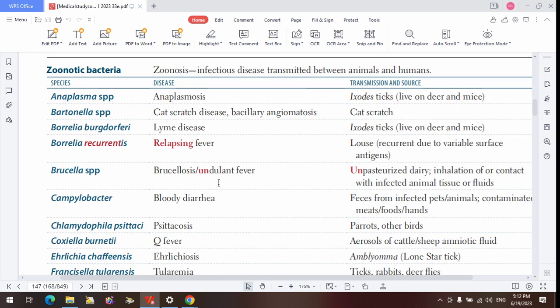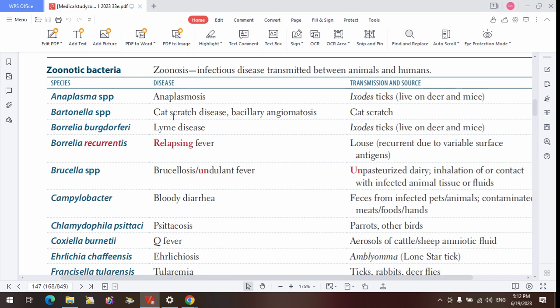So the code is my name, BAB. The B is for Borrelia burgdorferi for Lyme. The A is the anaplasma. Anaplasma is a bacteria. So the last B is babesia, which is a protozoa. So the three of them can be transmitted by the tick.